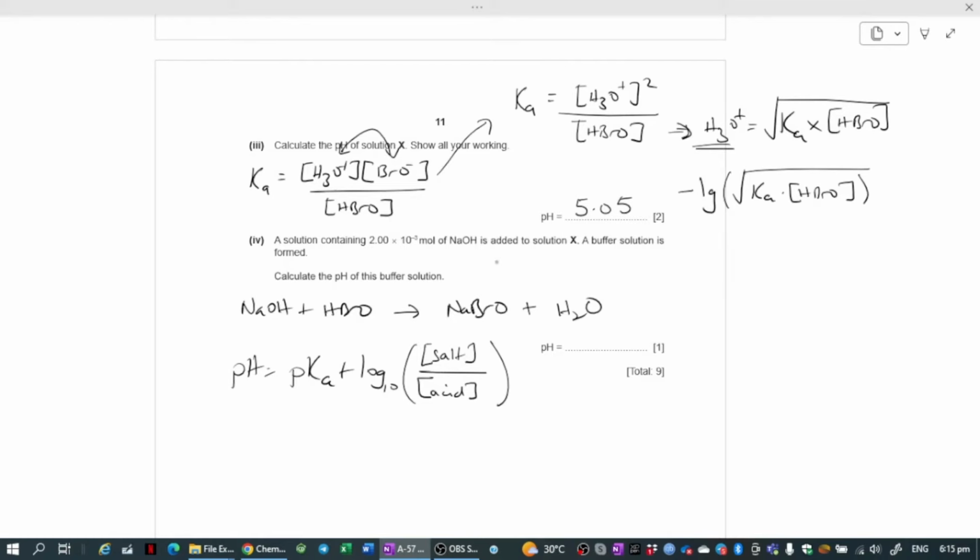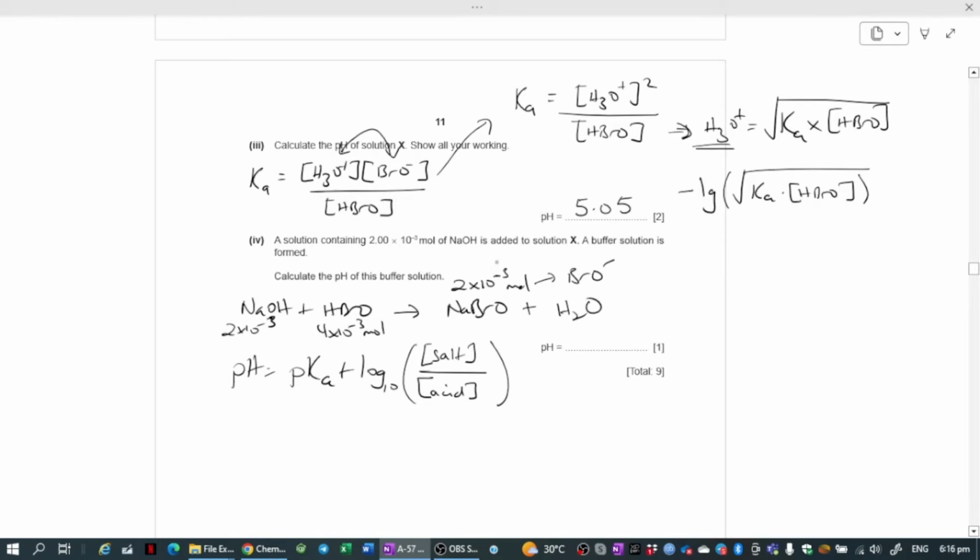So it means that we are going to form 2 by 10 to the minus 3 moles of the bromate salt, the BrO- salt.